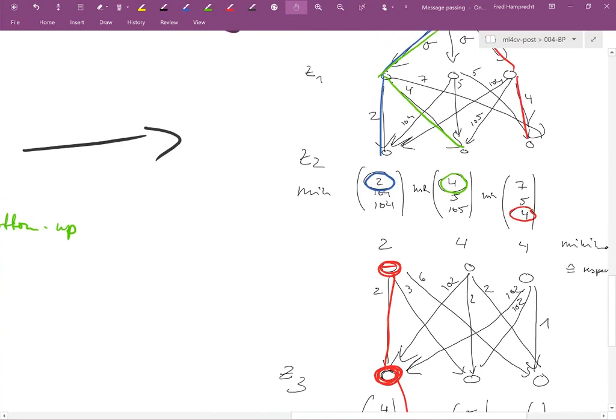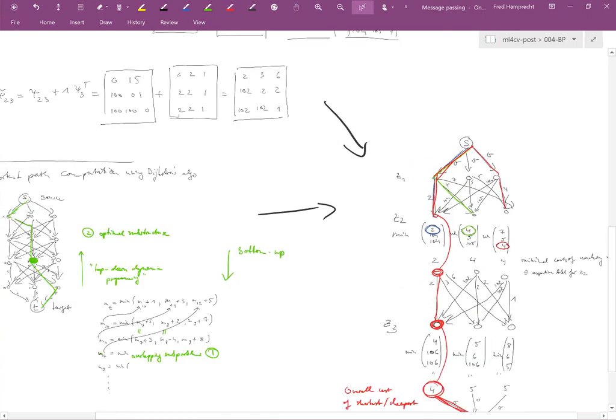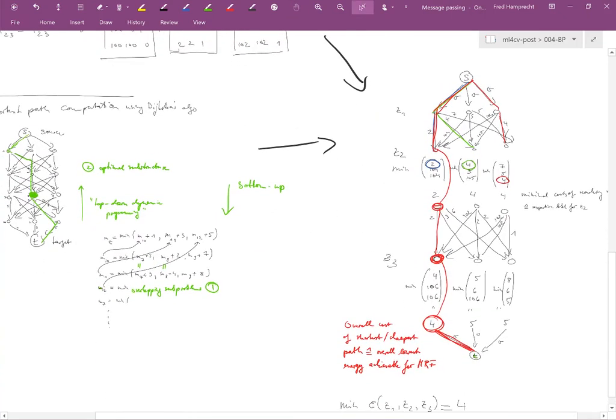Okay, and from there, same. So this is the minimum path, and now I find that the optimum labels were actually A and A. Yeah, because my minimum path always went down the left-hand side.